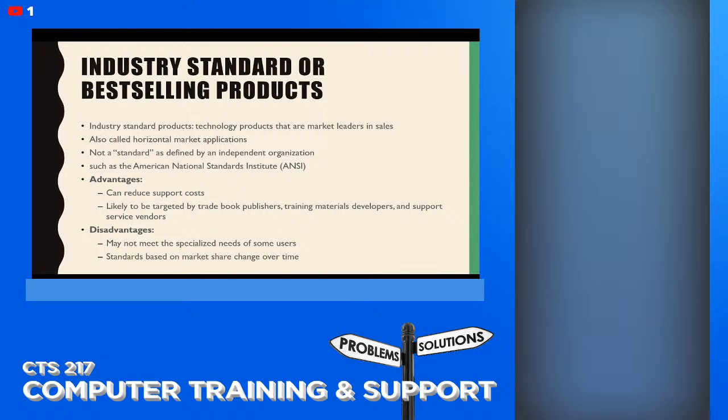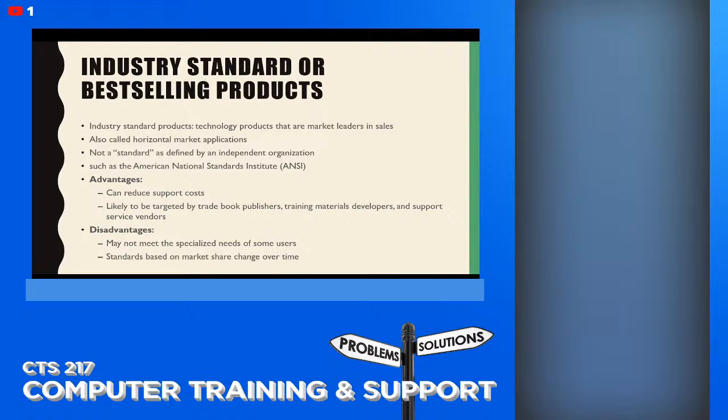Now, some of the disadvantages: it might not meet the needs of some specialized user. So if your user has some need that isn't found in the industry standard, you'd have to look for something that met your user's needs, which takes you off the beaten path. And then, standards based on market share change.